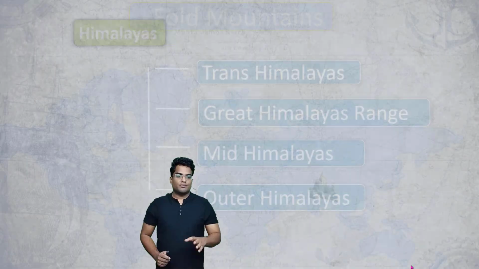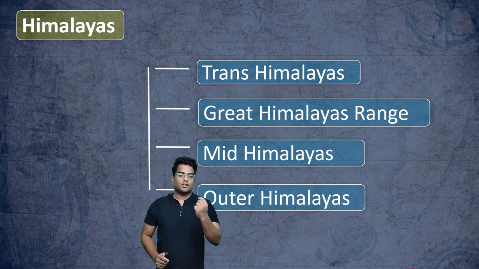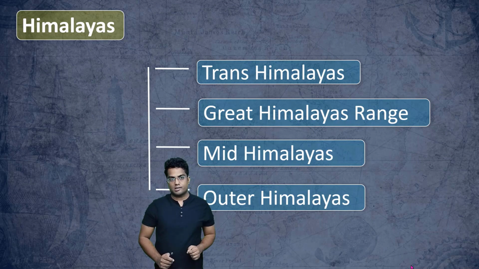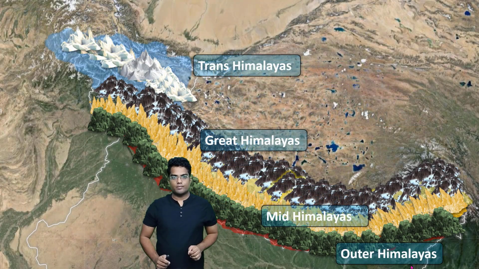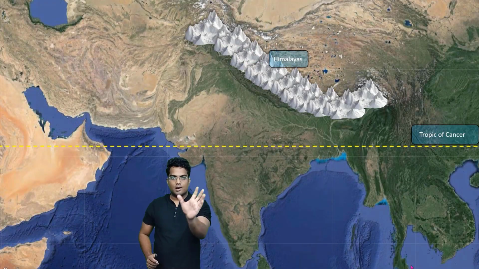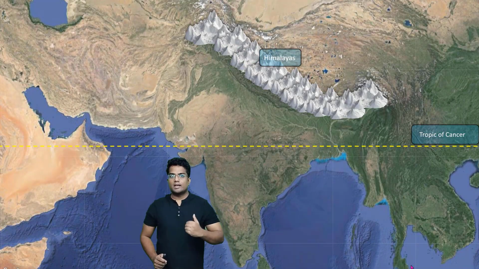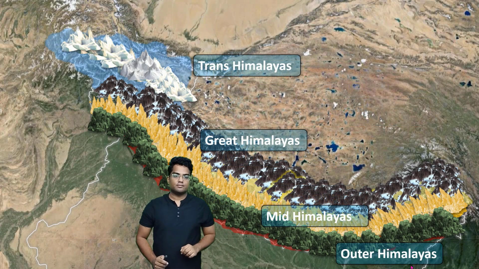So as you can see, the Himalayas essentially is divided into 4 parts: the Trans-Himalayas, the Great Himalayas, the Mid-Himalayas, and the Outer Himalayas. We essentially are interested for the time being in the Trans-Himalayas. Earlier it looked like a single structure, but it actually looks like this.